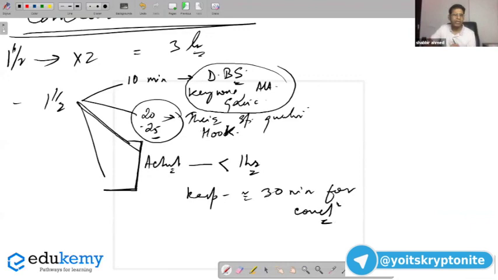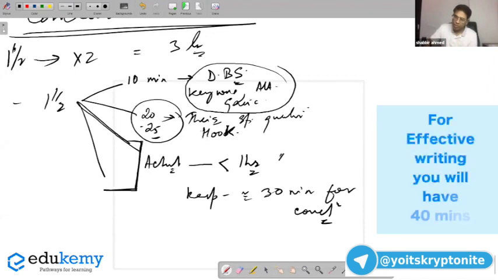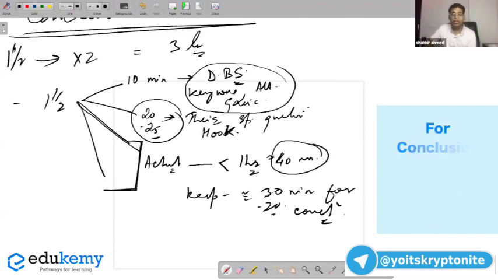So your effective writing for the essay is going to be approximately about 40 minutes, and approximately 30 minutes for the conclusion.